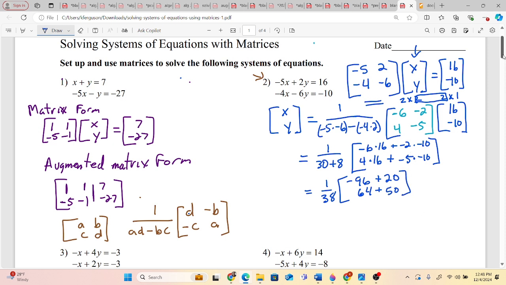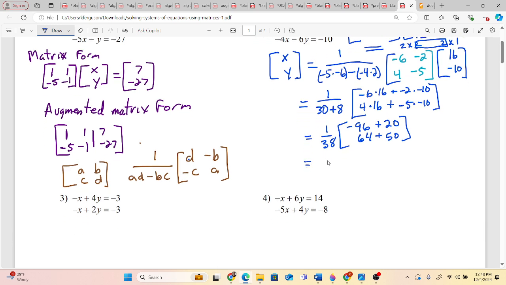All right. So now I got 1 over 38, negative 96 plus positive 20. That's going to be a negative 76. And then 64 plus 50 is what, 114?